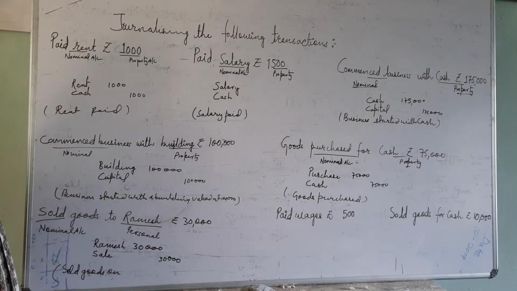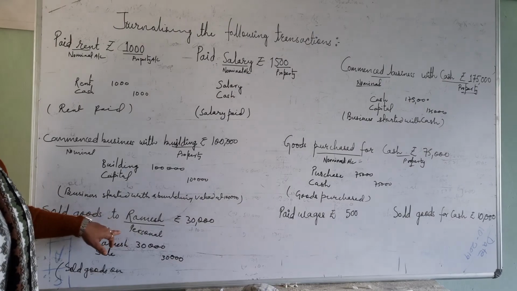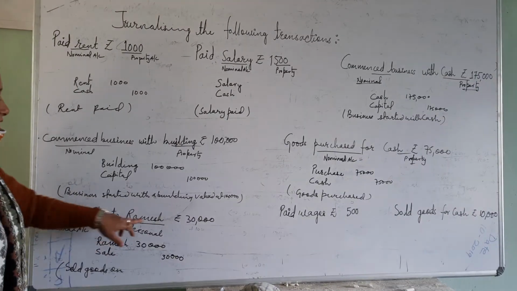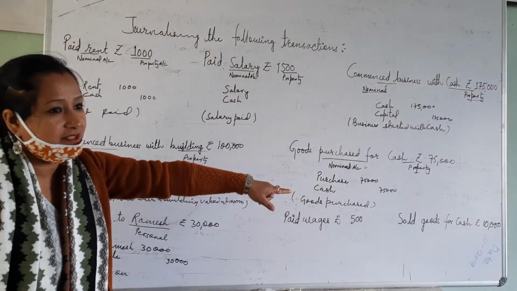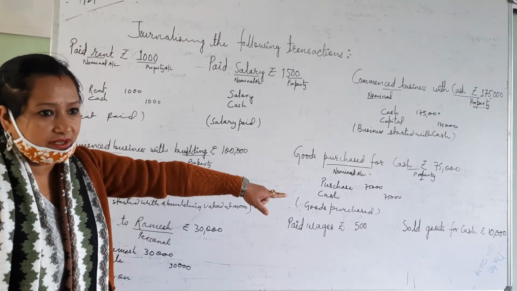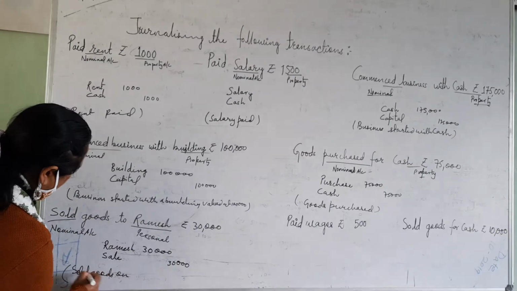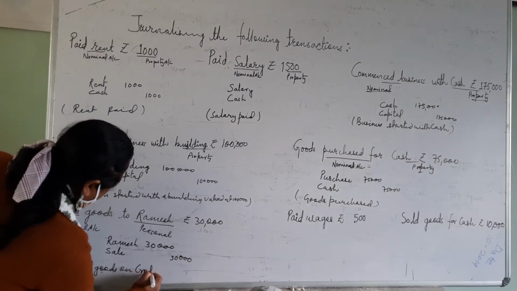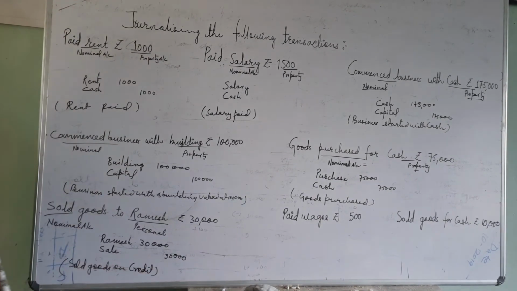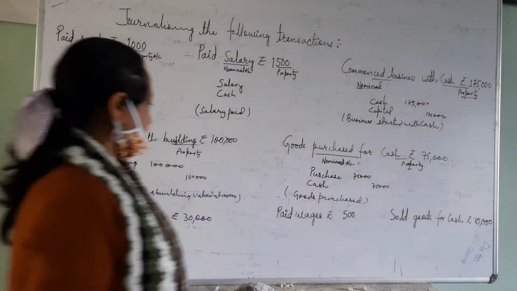Credit. Why? Because the name is given. If it is on cash, then we write sold goods for cash. Like that you will be getting the transaction there. When the name is given, that means the transaction is on credit basis, isn't it?